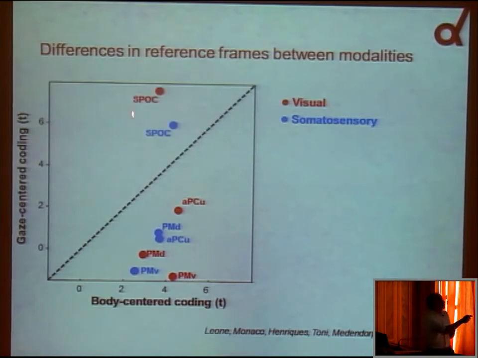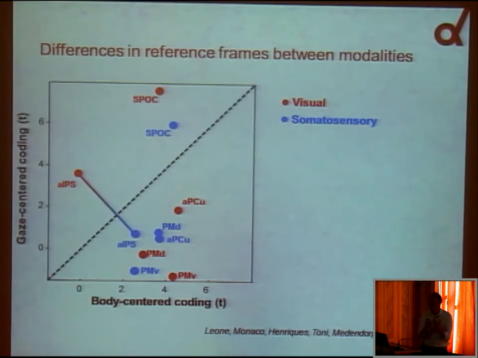If you go to area SPOC, the superior occipital sulcus, at the posterior end of the intraparietal sulcus, that's gaze-centered coding, whether you present the target visually or somatosensory. And if you look in area AIPS, it's interesting. You see this gaze-centered representation if you present the target visually, but you see a body-centered representation when you present the target somatosensory. That really shows a kind of flexible coding frame.